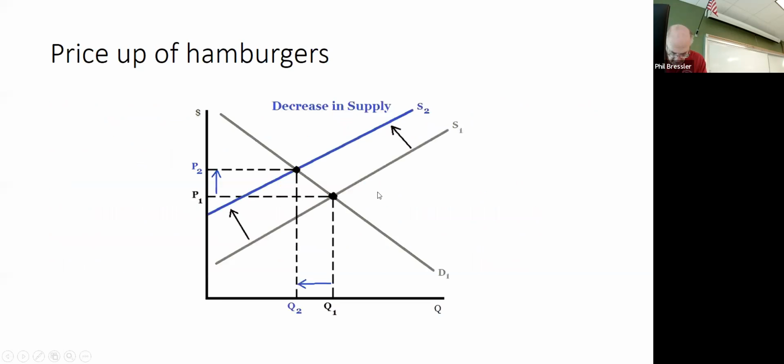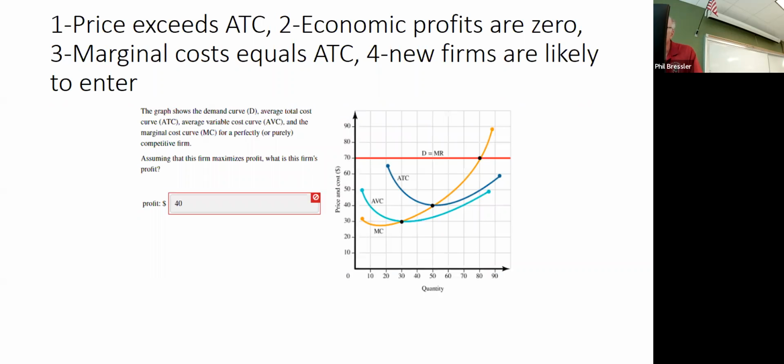All right. Can we squeeze in another one? I want you to pick. There's 4 things: price exceeds ATC, economic profits are 0, marginal cost equals ATC, new firms are likely to enter. Just think about which ones are true looking at that graph.